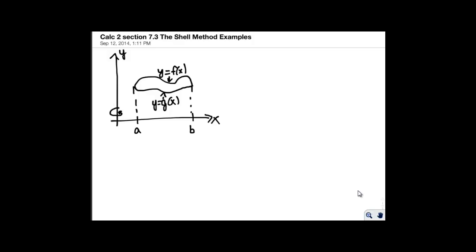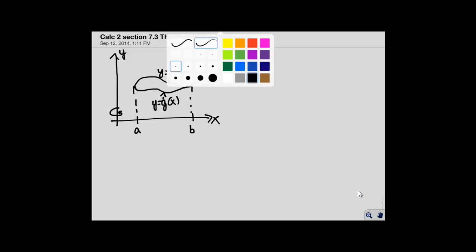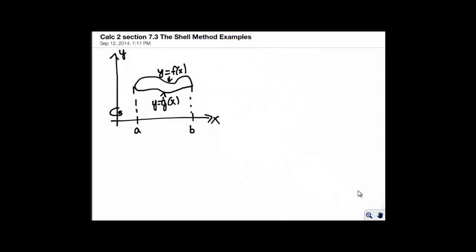First thing I want to do in this is clarify some things about the shell method that might not have been clear. So if we have two functions and we're rotating about the y-axis, that's what this little arrow right here means, then that means that our shells, our rectangles, are being drawn parallel to the y-axis.